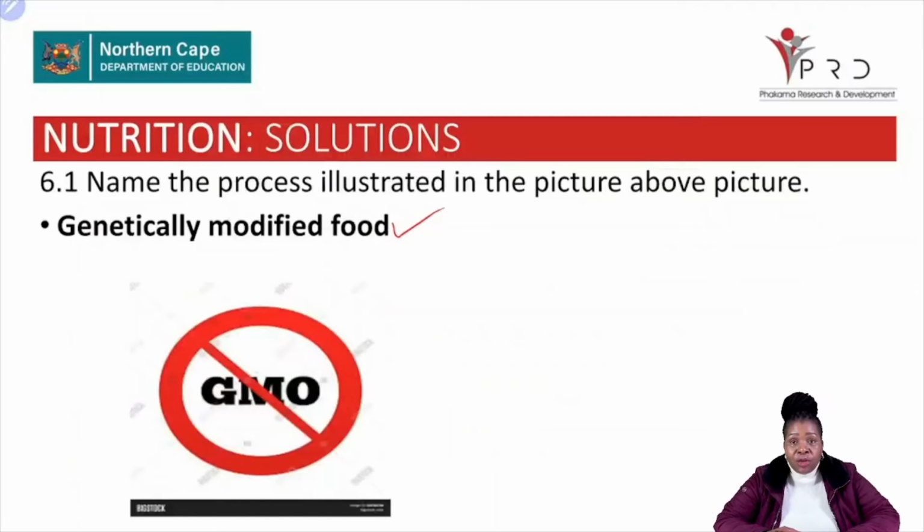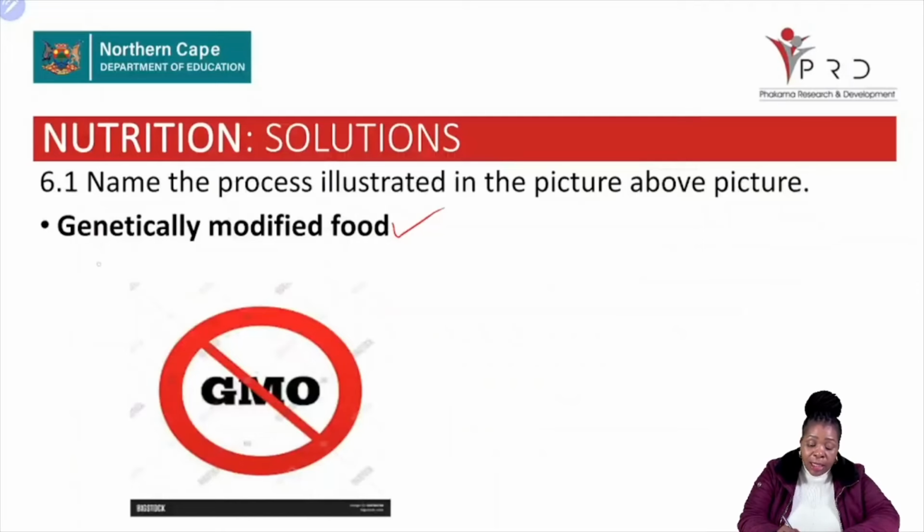Genetically modified organisms means that they actually tamper with the DNA of one organism and try and maybe inject it into another organism so that that other organism gets the characteristic of another organism.